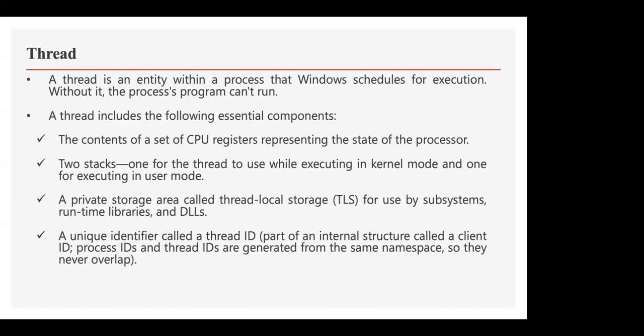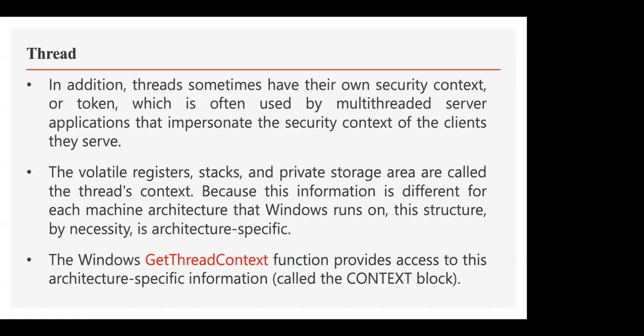And it's very important to check on this when you are doing your revision. In addition, a thread sometimes has its own security context, which is often used by multithreaded server applications that impersonate the security context of the clients they serve.